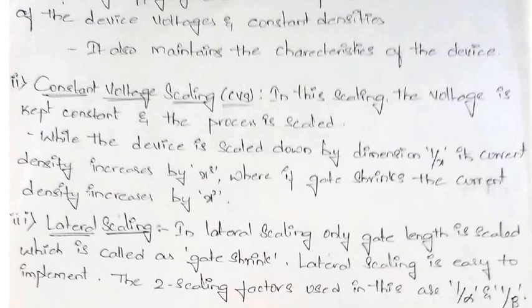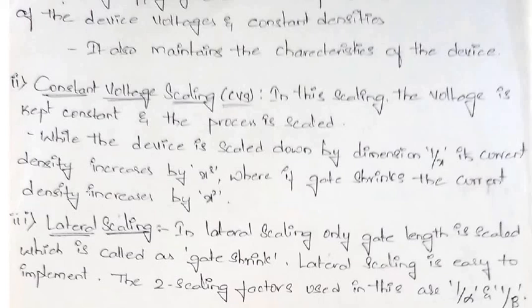So in constant field scaling, the field is kept constant and the voltage is varied, and due to that your characteristics are good. In constant voltage scaling, the voltage is kept constant and the process is scaled, meaning you are doing dimension scaling. If the gate shrink is more, the current density increases by the square. Lateral scaling depends only on the gate length.